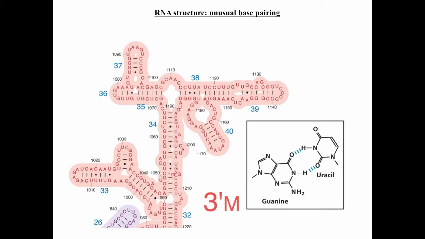You have your canonical Watson-Crick base pairing, where G base pairs with C, and A base pairs with U, because in RNA we have uracil, not thymine. But then you have non-canonical interactions, such as U base pairing with G as well.